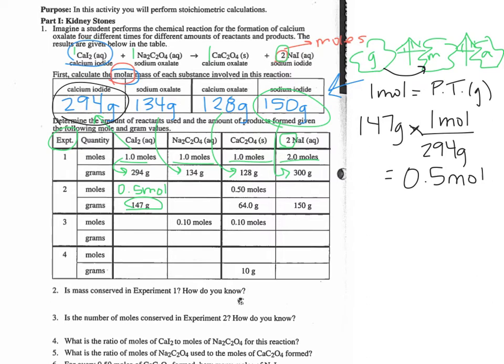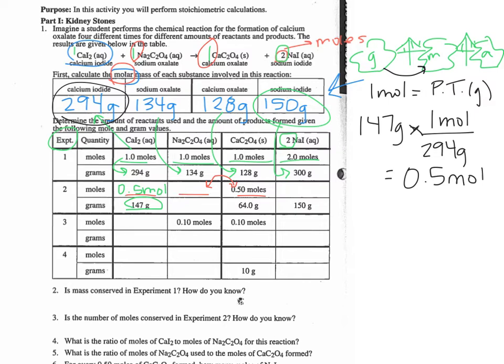If we take a look at our coefficients for this reaction, we can see that for calcium oxide, we have 1 mole, and for sodium oxalate, we have 1 mole. So this is a 1-to-1 ratio between that guy and that guy. So whatever he is, he will be the same.